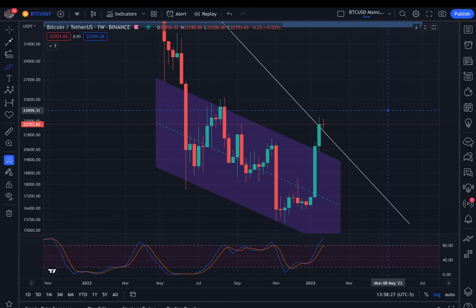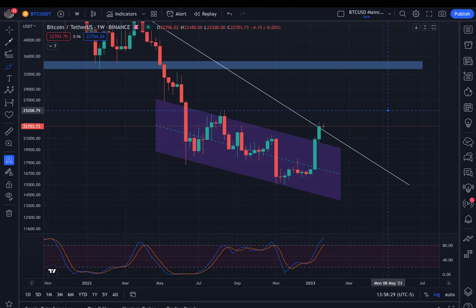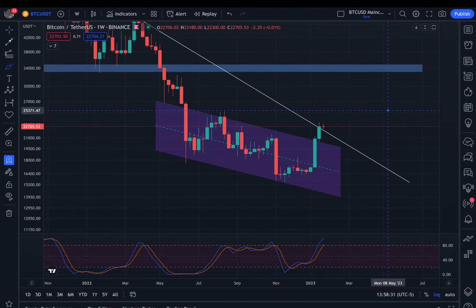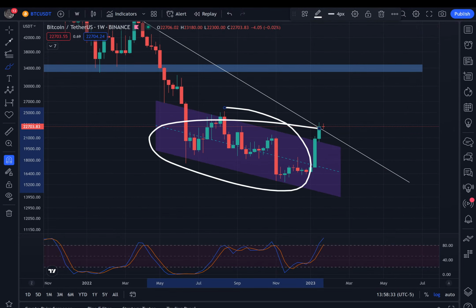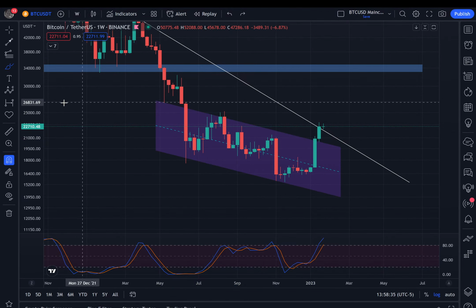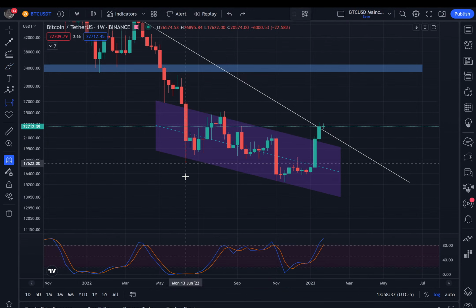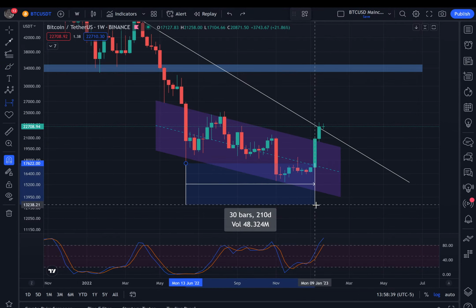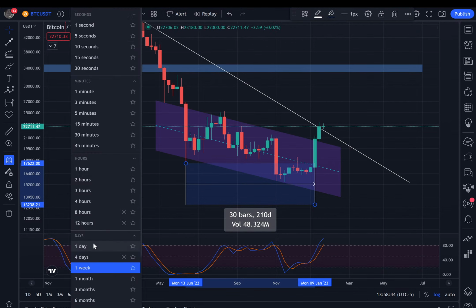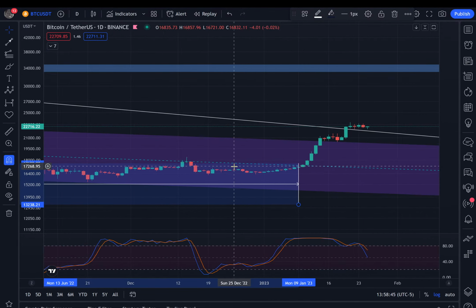If you follow the channel or you're subscribed, you understand that this bear market accumulation lasted approximately 230 days. Okay, so the time. This is the weekly time frame, so it's a bit skewed. But if you go on the daily, you can see it more precisely.